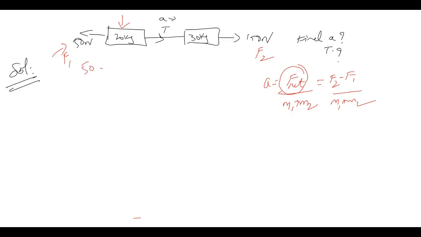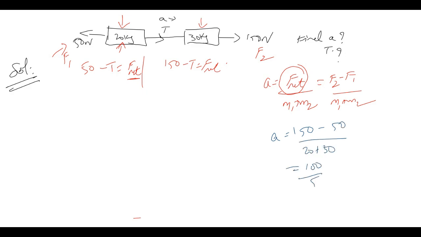50 minus T is equal to F net. For this, if you take with this, then 150 minus T is equal to F net. How A will become 1 by 6. A is equal to 150 minus 50 by 20 plus 30, 100 by 50, that is equal to 2 meter per second square.